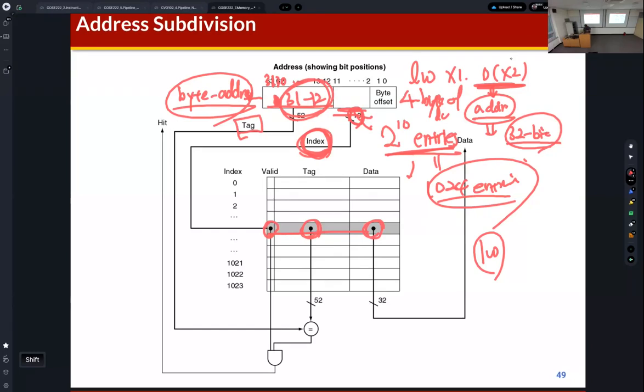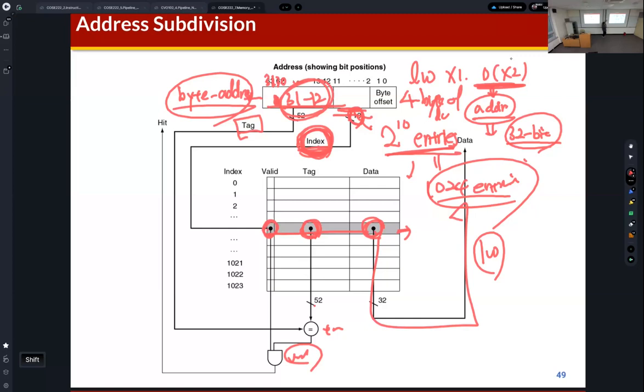So using the index, we just access the target cache entry, and then we check the valid bit and compare the tag using the tag part of the address. You can distinguish if the cache has the data or not. Okay. Then if the tag is the same and it's valid, then we can access the data from the cache.